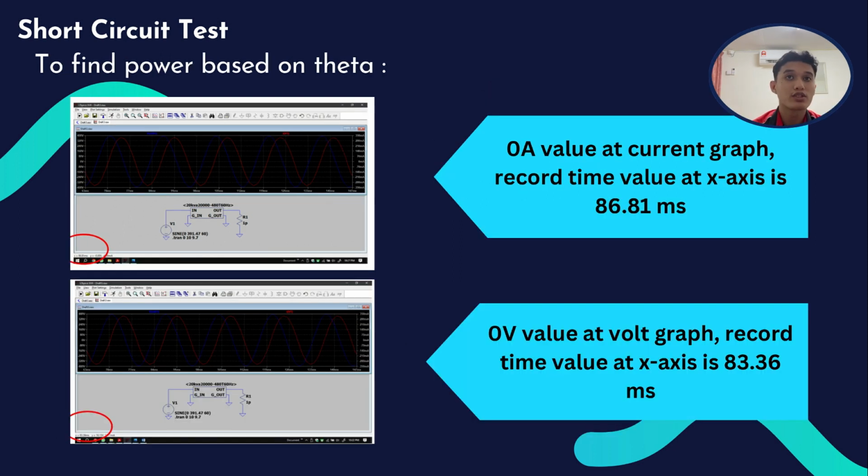Next, to find the power based on theta, the calculation is the same as for the open circuit test. The result is 0 A value at the current graph, the recorded time value on the x-axis is 86.81 millisecond, and 0 voltage value at the voltage graph, the recorded time value on the x-axis is 83.36 millisecond.